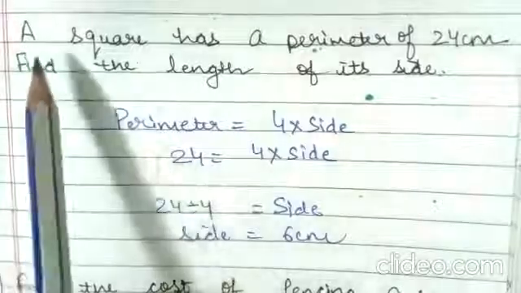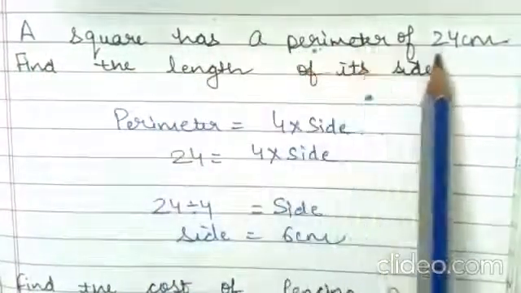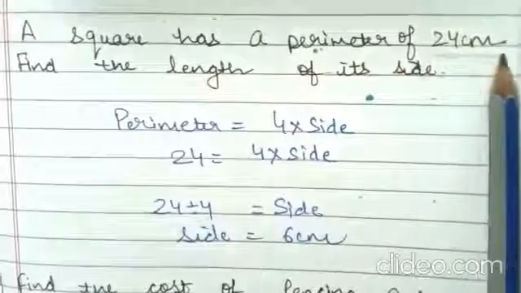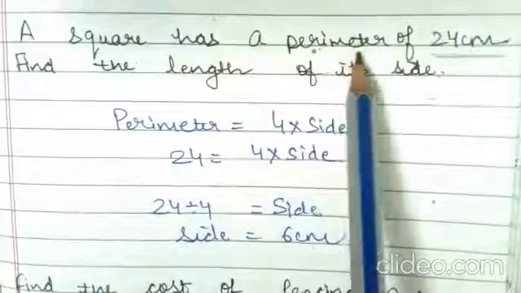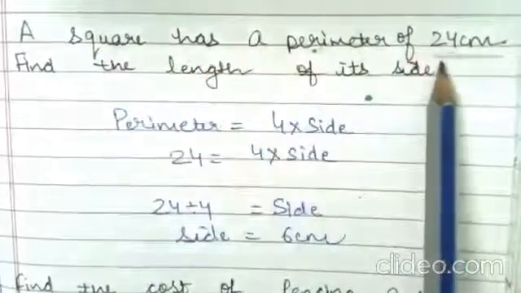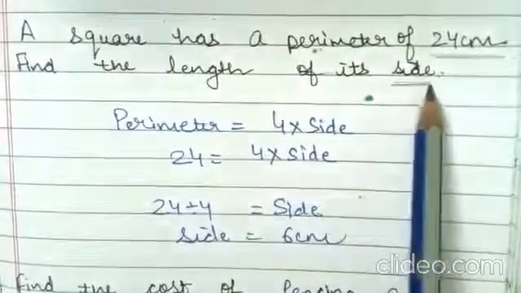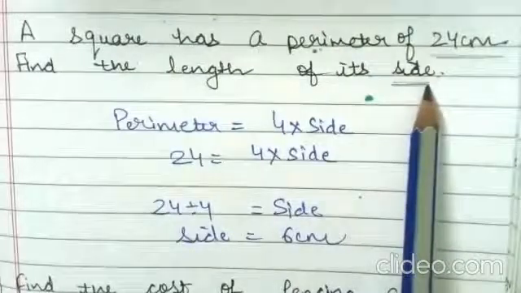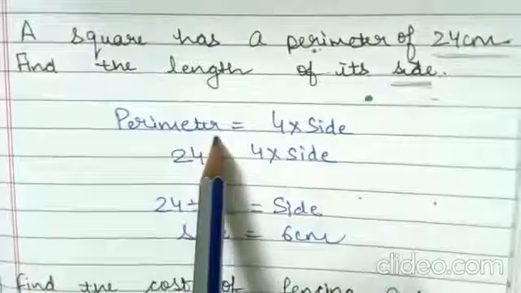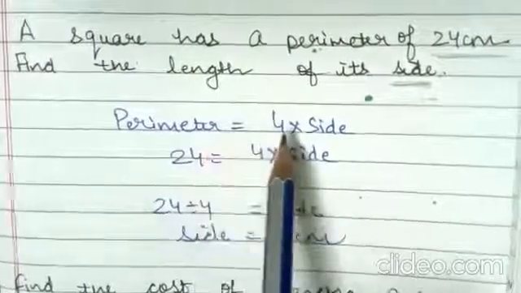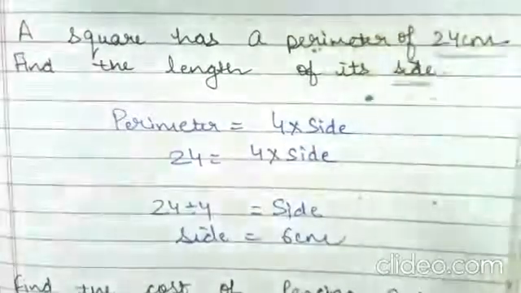Now let us move to the next question. A square has a perimeter of 24 centimeter. Means now the perimeter of the square is given to you and the side we have to find out. So the perimeter formula for a square is equal to 4 multiply side.